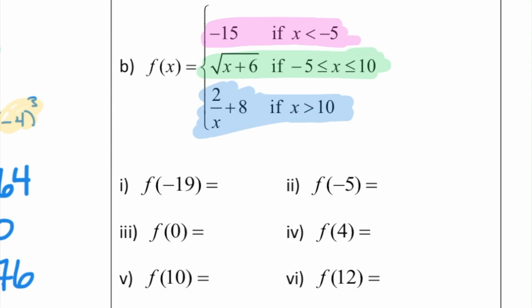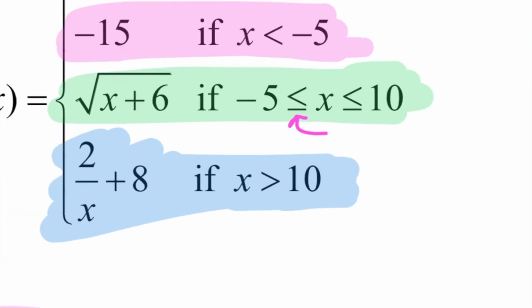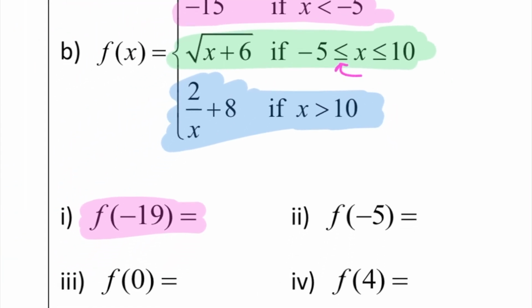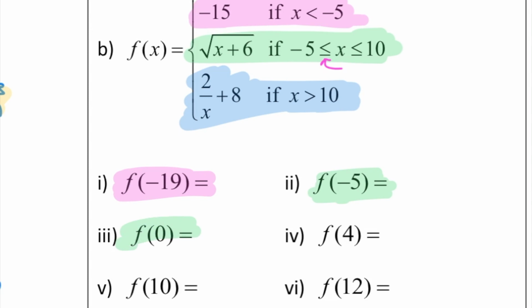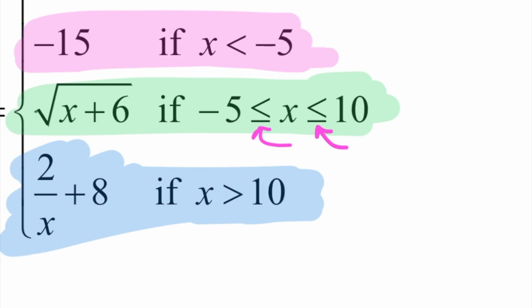And looking at the numbers that I'm asked to evaluate for, -19 is in that first or the pink section, but because of where the equal sign is, -5 is in the green section, so is 0, so is positive 4, and because there's an equal sign there, so is positive 10.